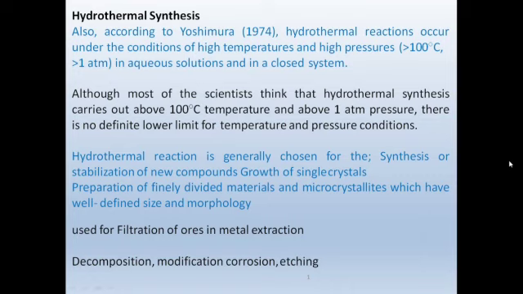Here is more explanation. According to Yoshimura in 1974, hydrothermal reactions occur under conditions of high temperature and high pressure, that is greater than 100 degrees Celsius and greater than 1 atm, in aqueous solutions and in a closed system.